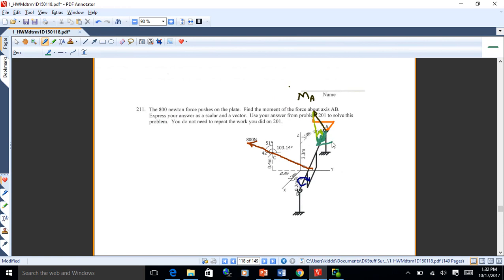It's tough to draw, but there we go. It's directed along AB now, and it's kind of coming over like that. My thumb points this direction, which means my sketch is off. Anyway, that's what we're doing there. We're projecting the moment vector onto axis AB.